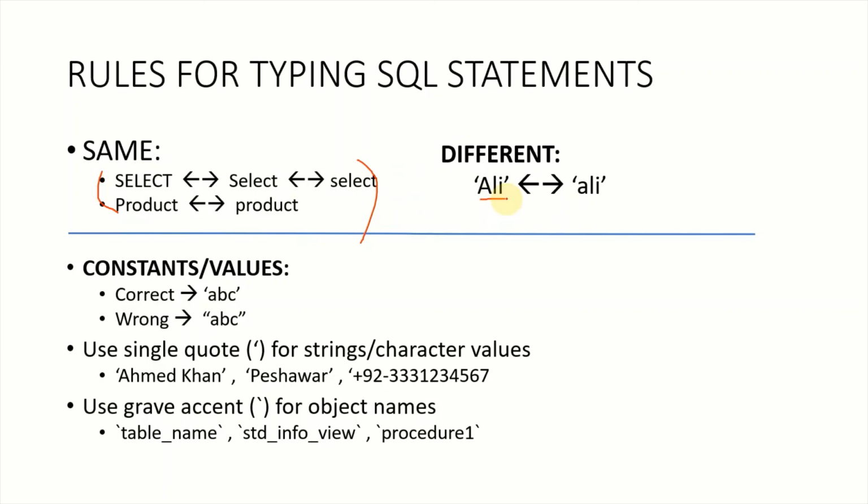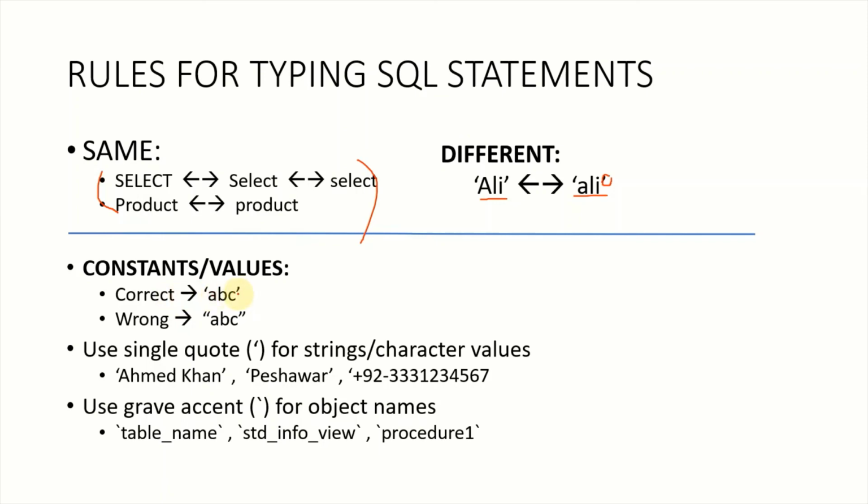For strings or for characters, we must use single quotes, and inside the quotes the case is considered. Like here A is in uppercase and this one is in lowercase, so both are different. Next, about constants or values.